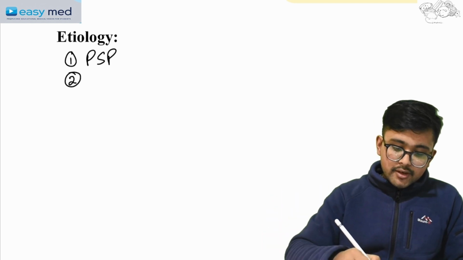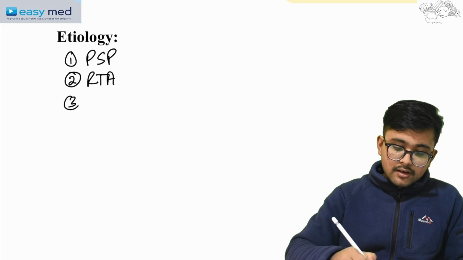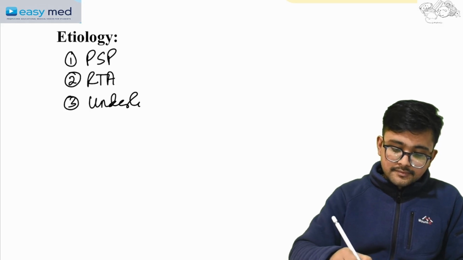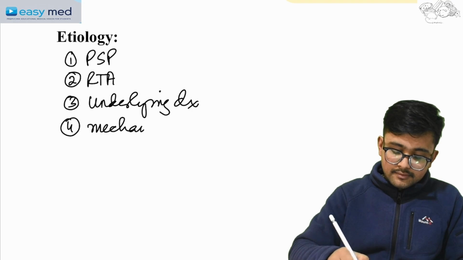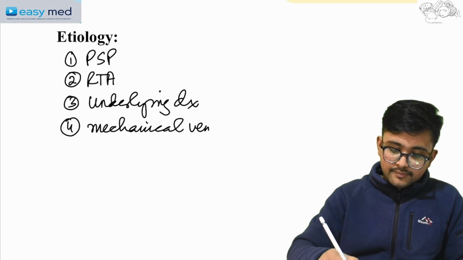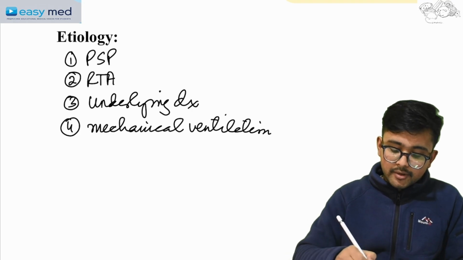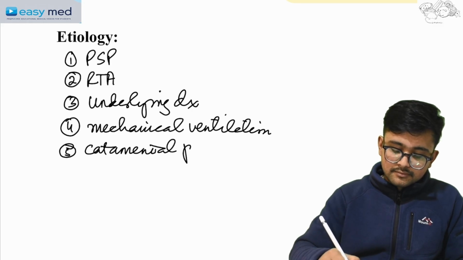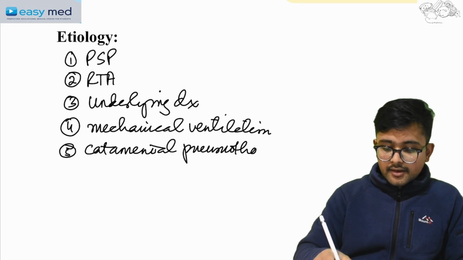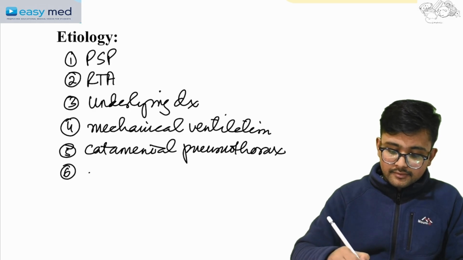Other causes, like I said, could be road traffic accident, underlying diseases, mechanical ventilation. In females, quite rare, but it can be a catamenial pneumothorax. And sometimes it can be iatrogenic also.